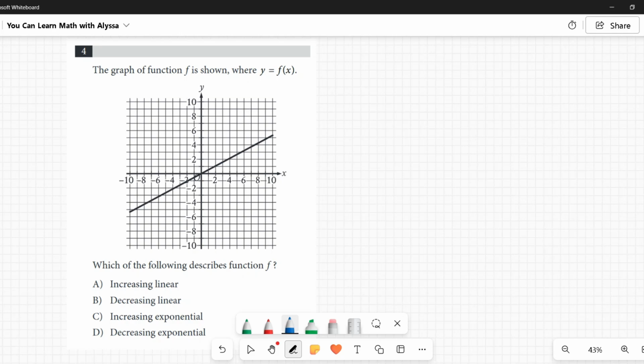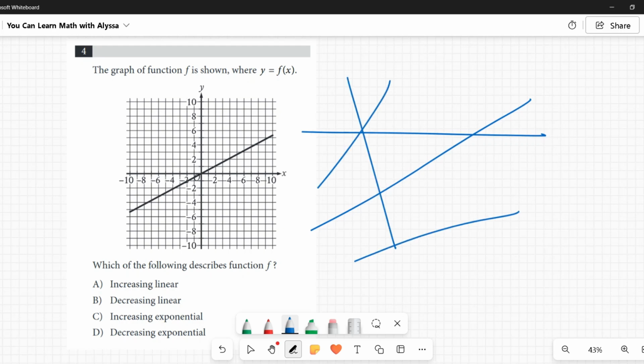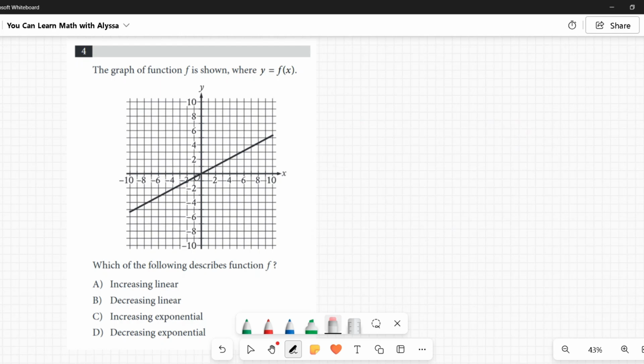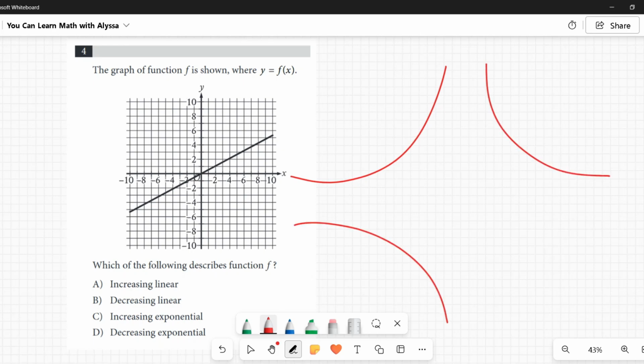If you're looking at a graph, the rule you're going to use is, if it's a straight line in any direction, that is linear. Linear, line, that's what it is. It's right there in it, line. Exponential is going to be one of these 4, not all at the same time, but one of those 4.